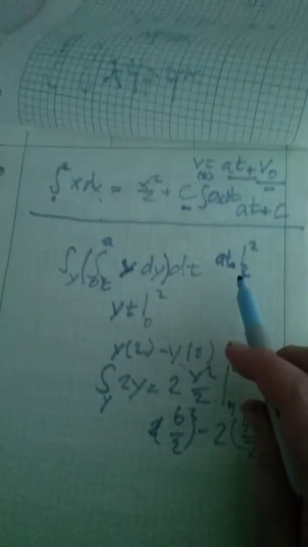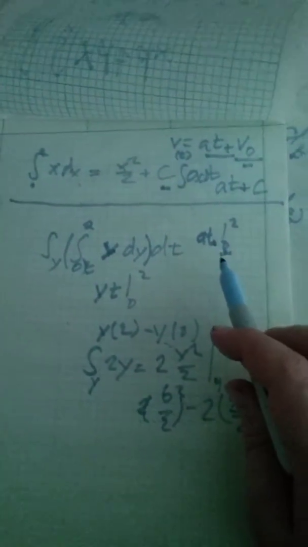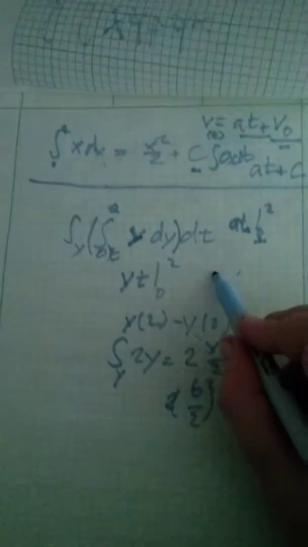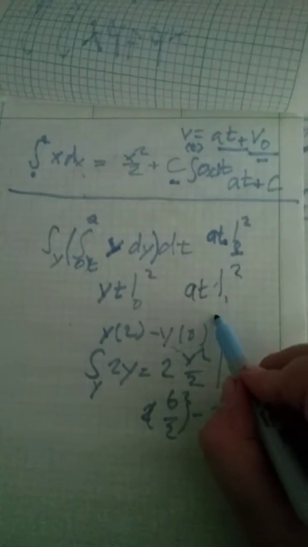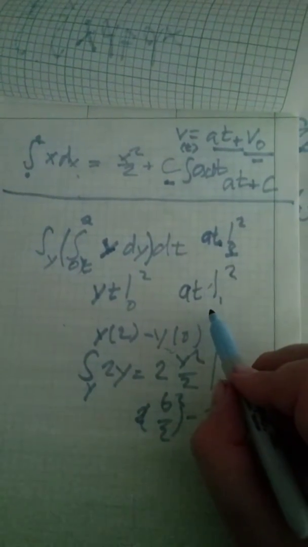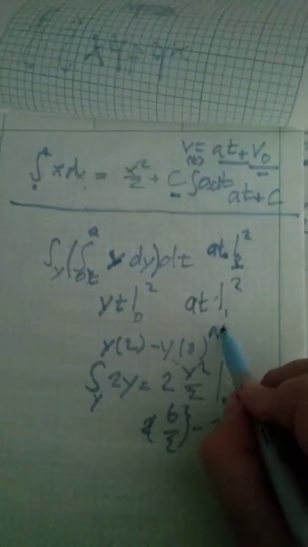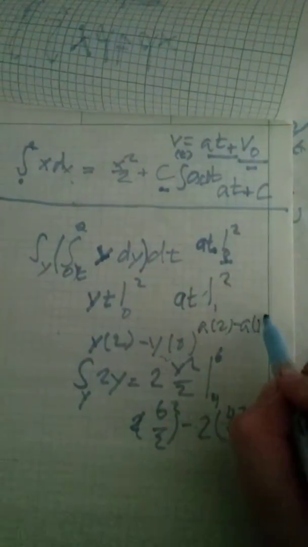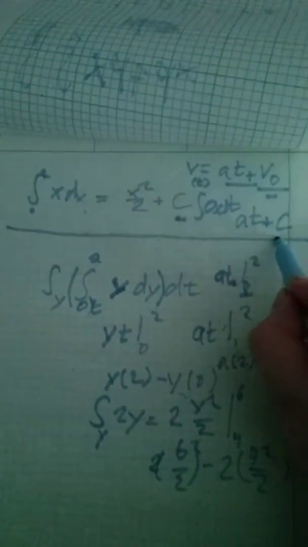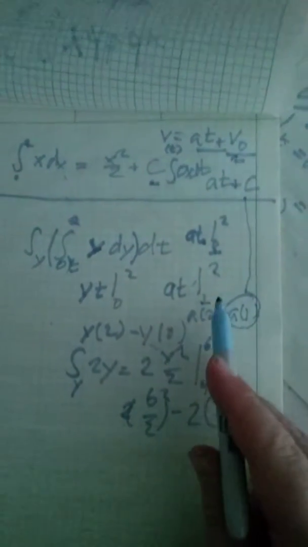Or where t is 1, that is the initial velocity. So we're saying the initial velocity occurs when t equals 1. So from 1 to 2, it is a times 2 minus a times 1, where this is the constant, which is the initial velocity. The initial velocity occurs when t equals 1.